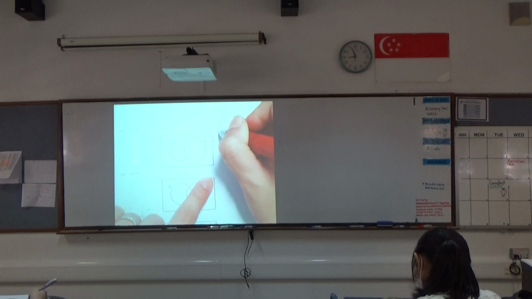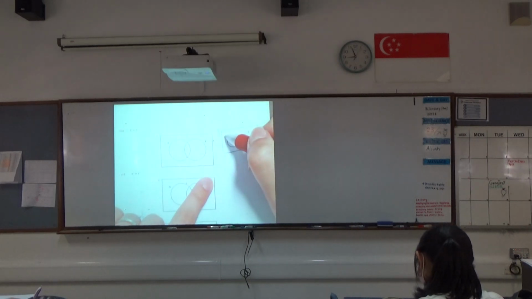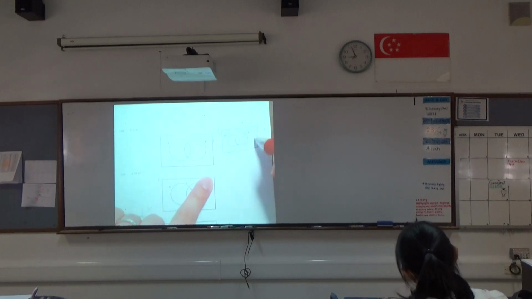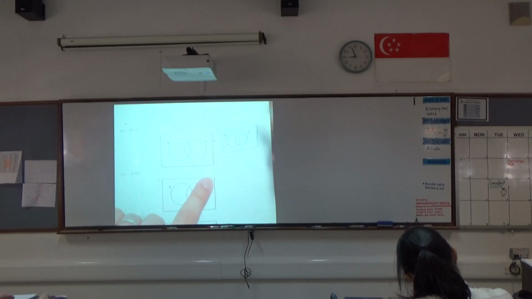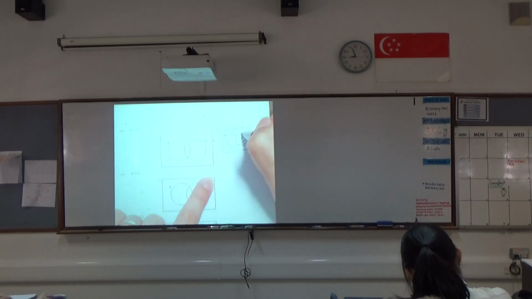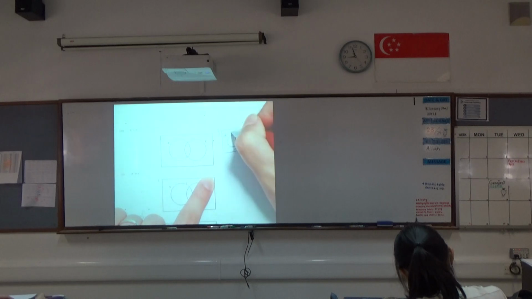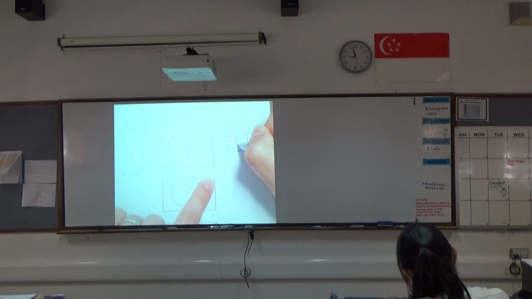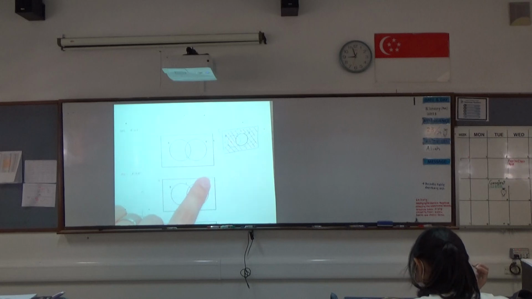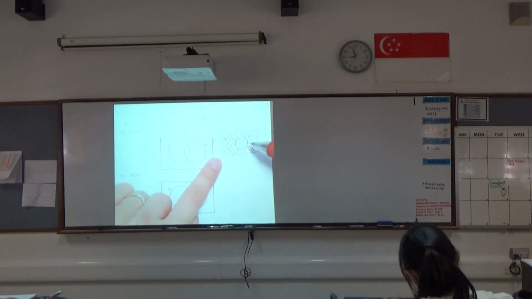Okay. So x complement will refer to whatever is outside of x. And then after that, y complement will refer to anything that's outside of y. So y is over here, so that will mean that I am looking at this part. Then now I want x complement union y complement.